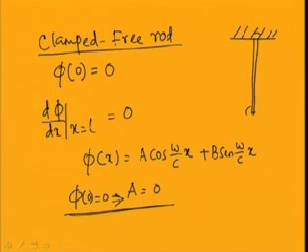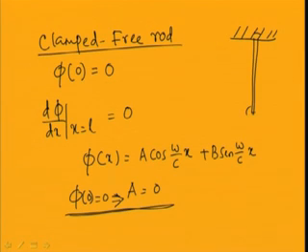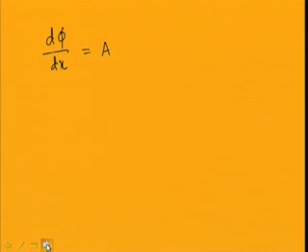Now differentiating it once, the remaining term, as a equal to 0, we will have phi x equal to b sin omega by c x.